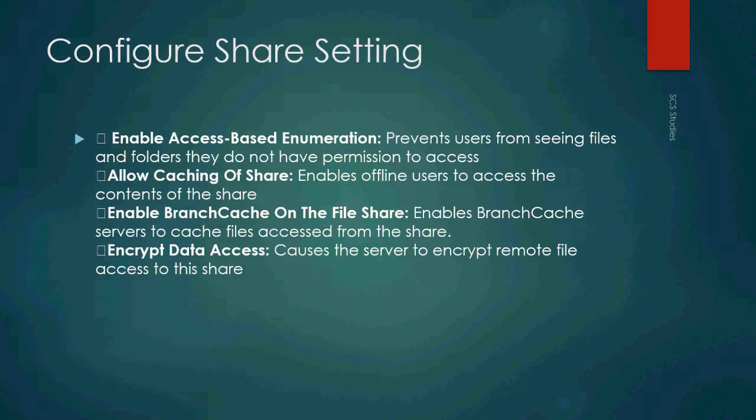To prevent that, you can configure encrypt data on the server side. If you do that, the communication between client and server during the file access will be encrypted. This is another key feature of shares in Server 2012.